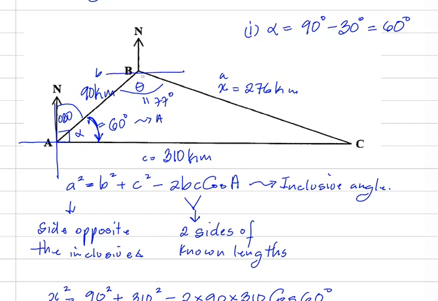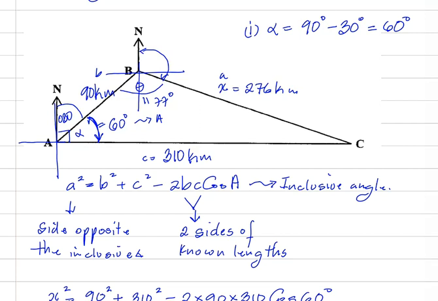So anywhere I'm given a bearing from, I could go there and draw my north, south, east, west line. Bearing is measured clockwise starting from north. So I'm going to start from north and come around to the line that connects B and C. So this angle here, whatever it is, represents the bearing of C from B.